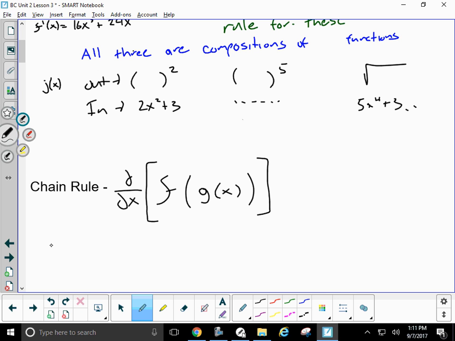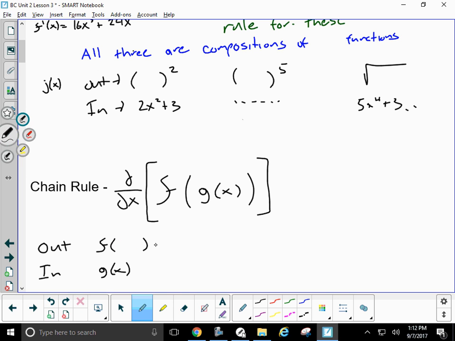First thing we're going to do is make sure we denote what the outside function is and what the inside function is. I'm going to say the outside is f of stuff. I'll say stuff a lot. You could say it's f of x, but I don't want that to confuse you. But we can think of it as having an x inside of it. And then the inside would be the g of x.